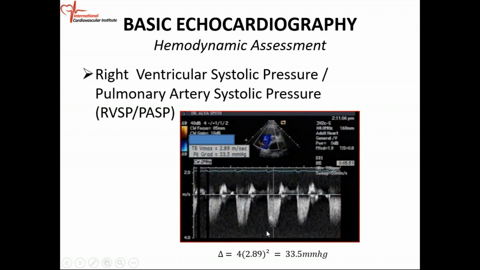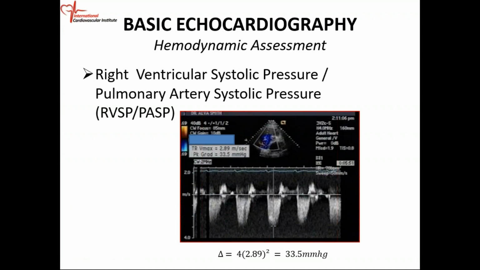So you can see the velocity right there. The machine gives us a velocity of 2.89 meters per second. You need to use CW Doppler because the velocity is usually greater than 1.52.